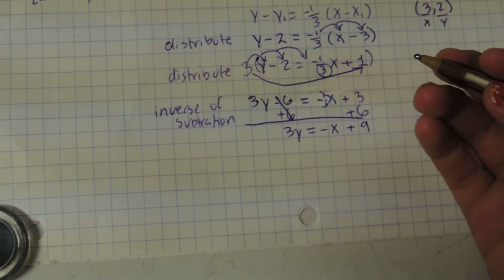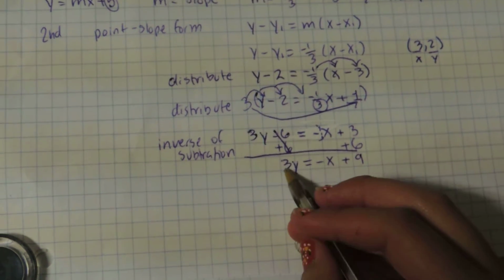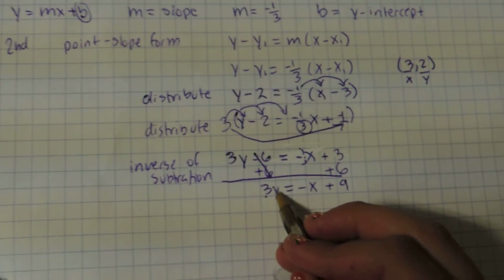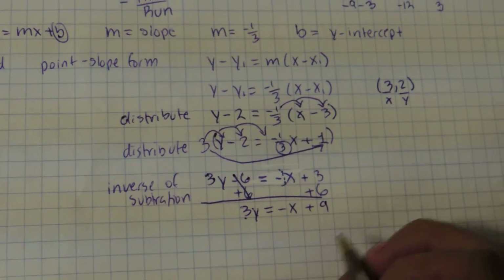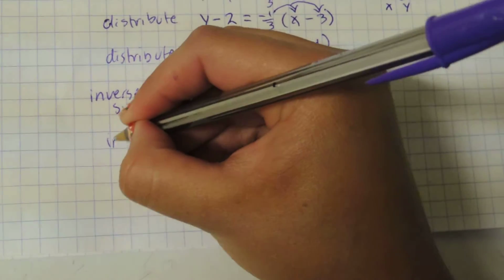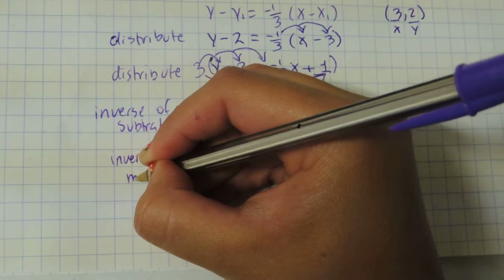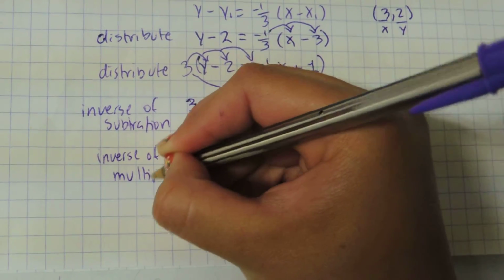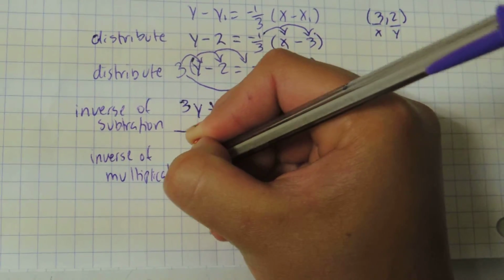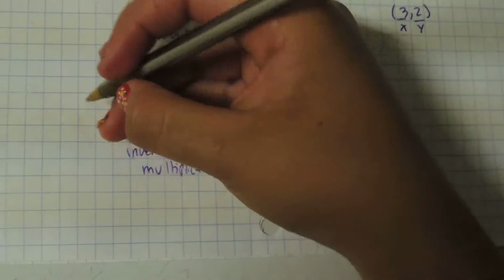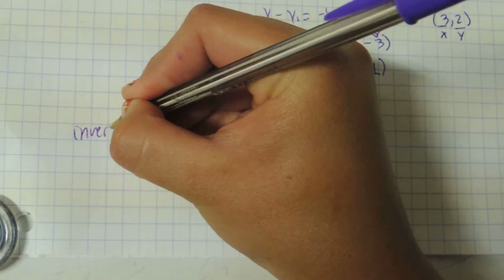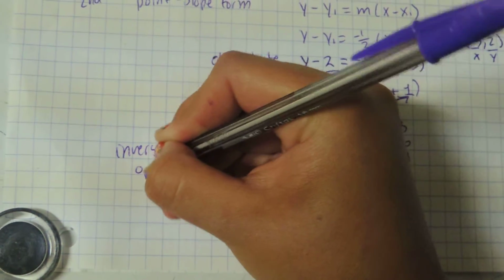Now we still have to leave y alone. So since 3 is multiplying y, we have to divide by 3. So it would be the inverse of multiplication, which is division. We all know that inverse equals the opposite.